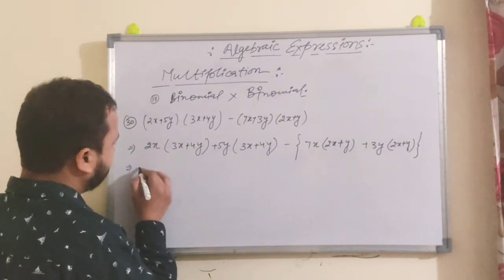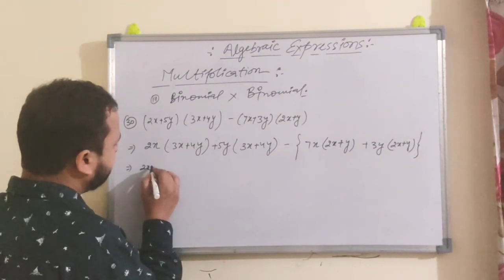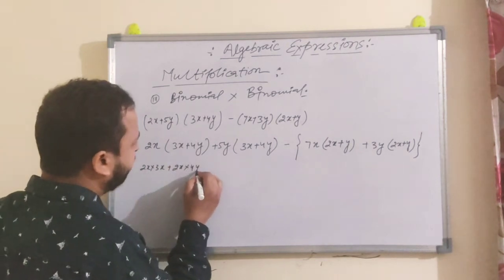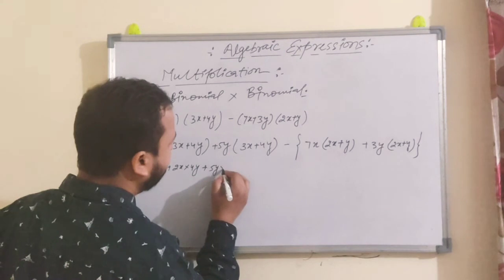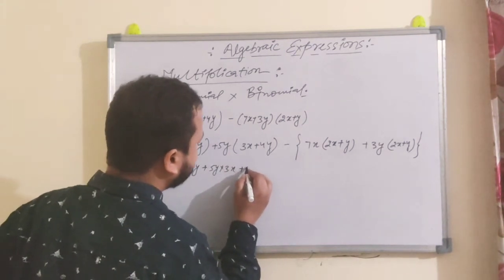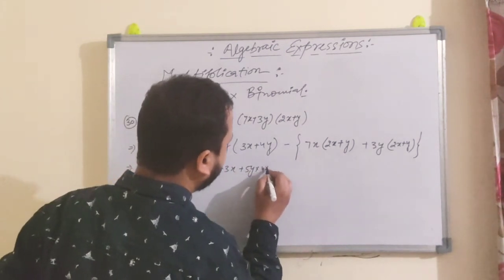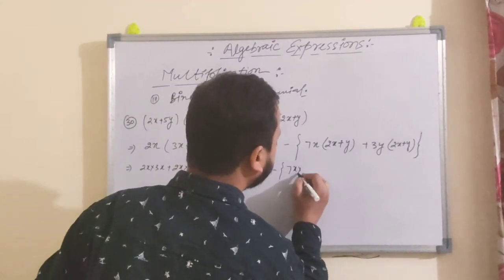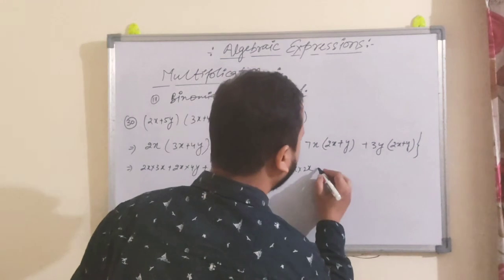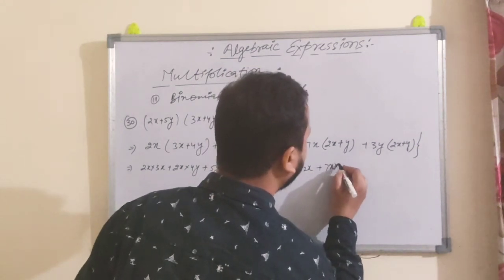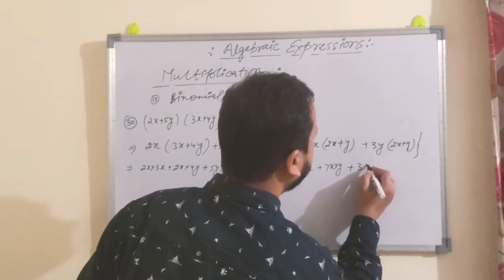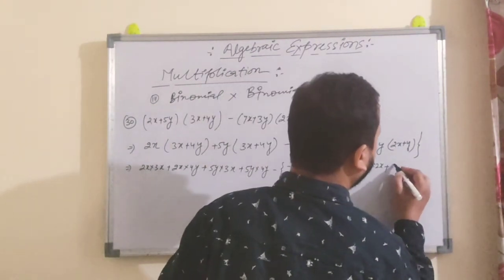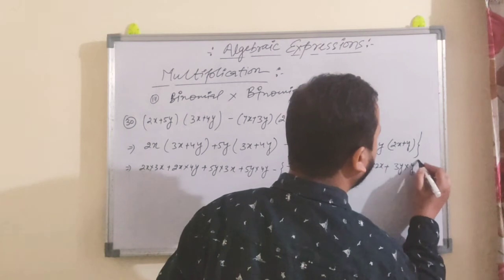Now 2x into 3x plus 2x into 4y plus 5y into 3x plus 5y into 4y, minus in a bracket, 7x into 2x plus 7x into y plus 3y into 2x plus 3y into y.